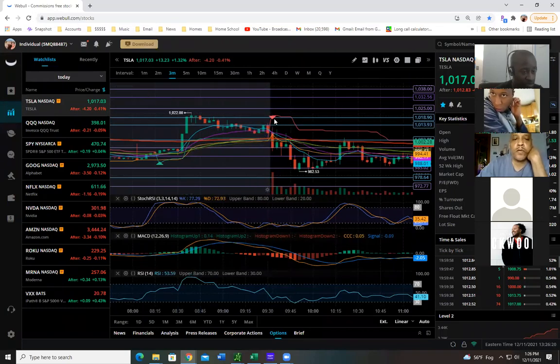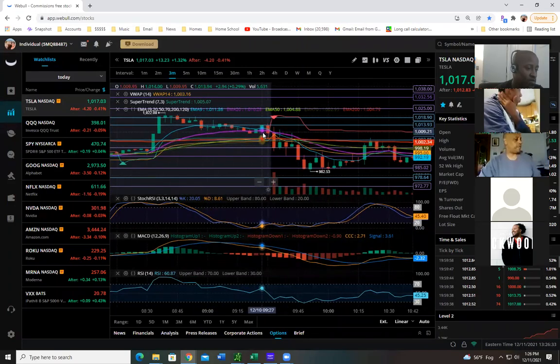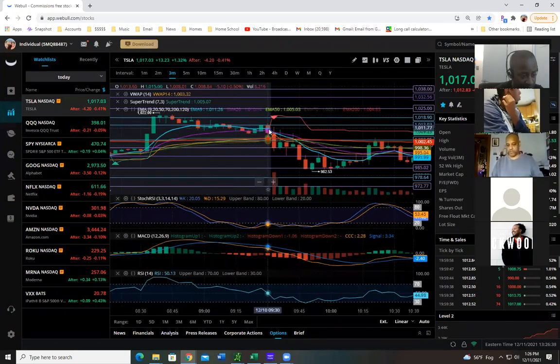You might miss some dollars in between there, but that's okay. Now, if you look at this chart before the market open, you can see that we hit that 1022 and we're trending down at market open. So when the market opens, boom, we test 1015, that rejects. And at the same time, you get a nice cross here, crazy cross.